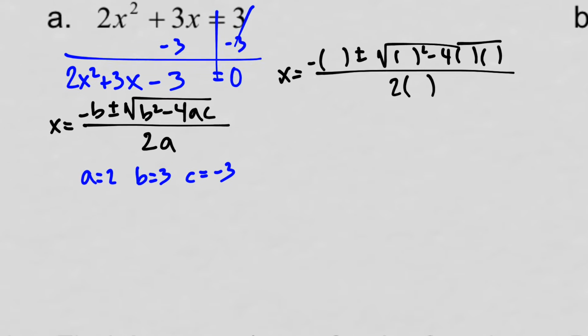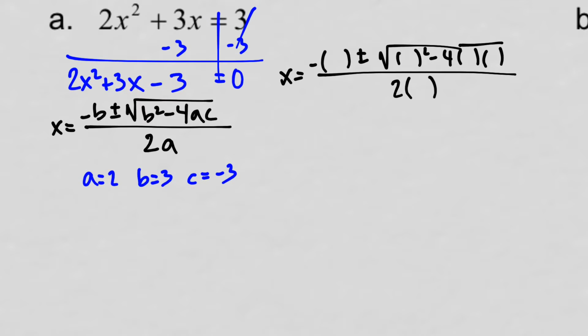So we're going to plug in, b is 3, so we plug in 3 right here. Also here, a is 2, c is negative 3, and a is 2. Alright, and now we're going to simplify this.